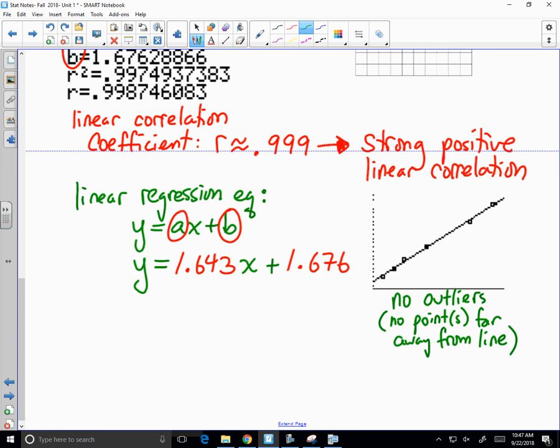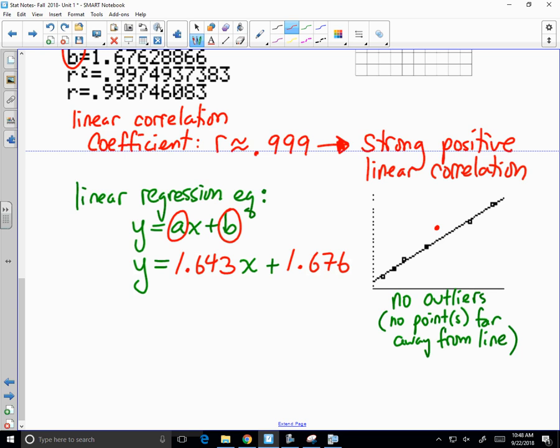Now, how you define far is really what ends up being the only confusing part about that. It's like, well, how far is far enough? Anything that's inconsistent with the data points, you can say, I suspect it's an outlier. All right? And as long as you can justify it, I'll take it. Let's say you have a point right here.